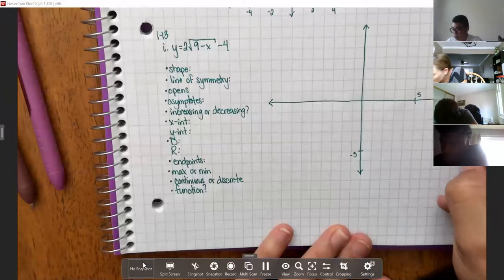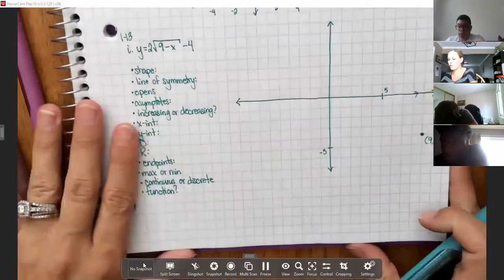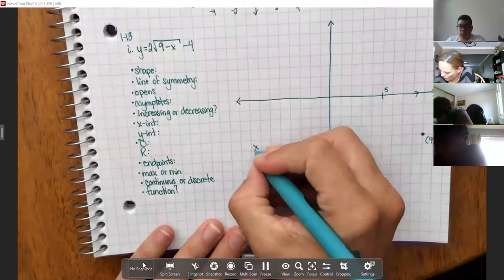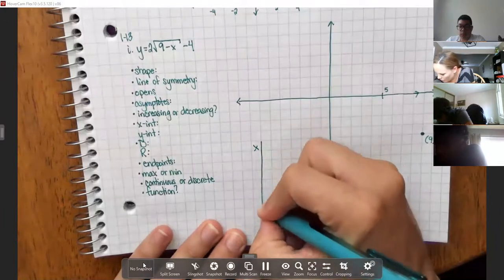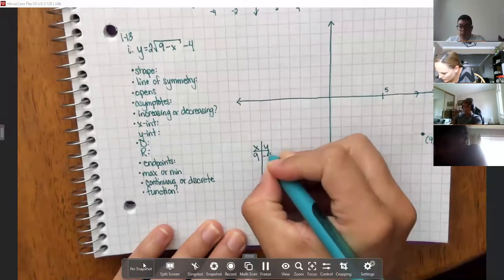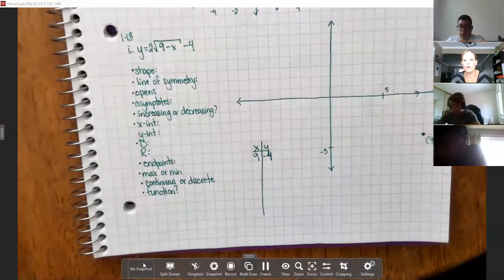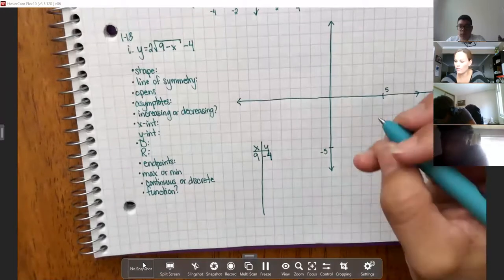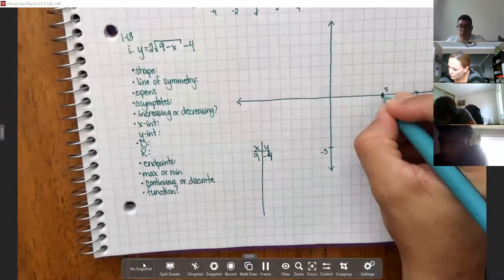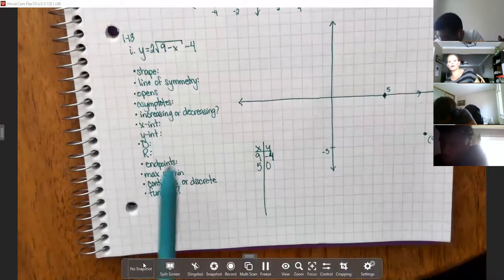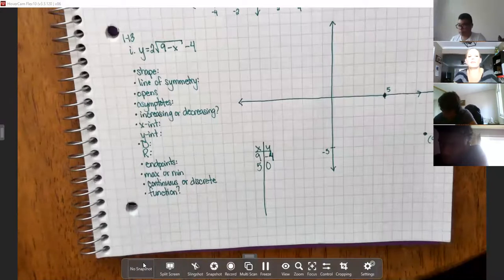So 9, -4 is one of our points down there. I'm just gonna put a table in here. 9, -4, because it said integer values. We have a point here at 5, 0. And we can fill in this stuff on our paper as we go.